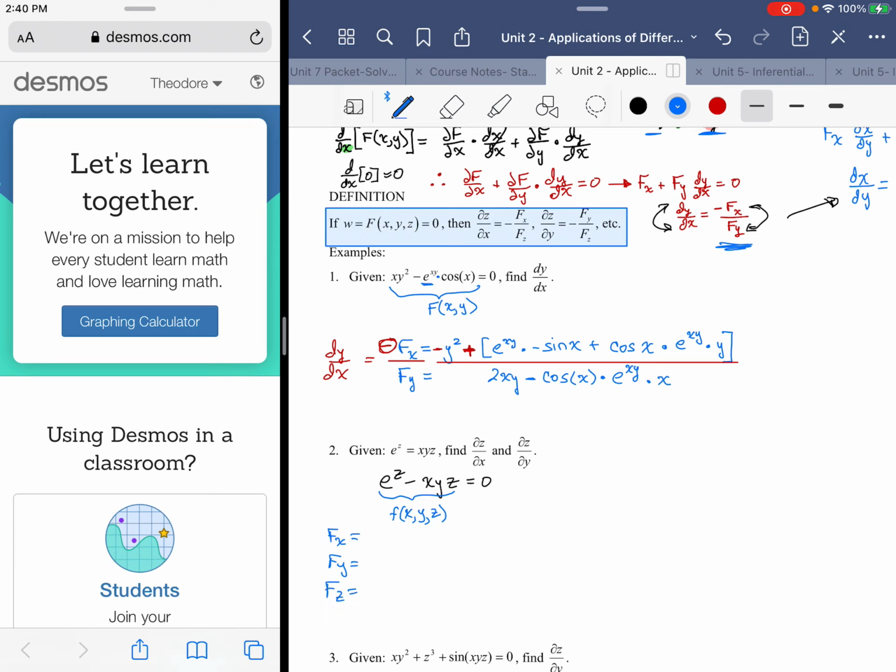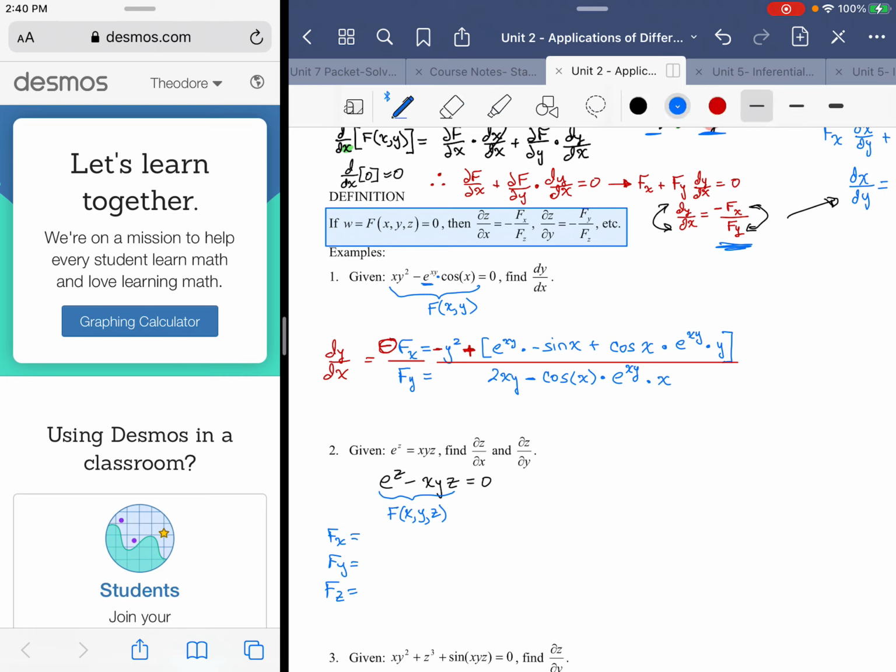Some problems are easier than others. This one's not terrible because the e to the z doesn't have an x or y in it, so that's treated as constant. All right, so when I take the derivative, I lowercase this f here, apologies.